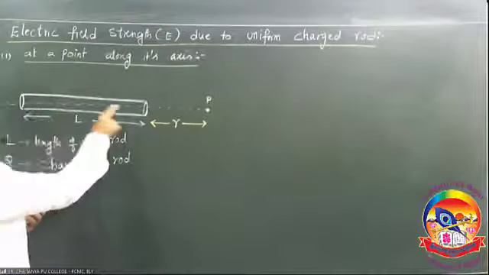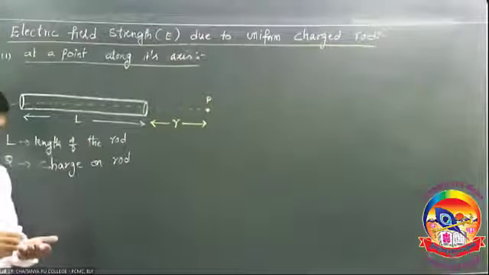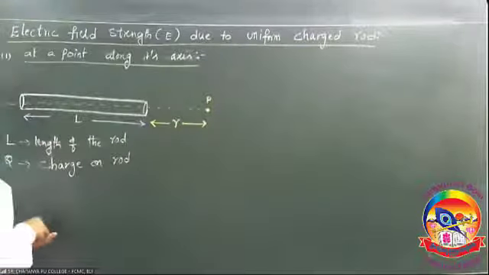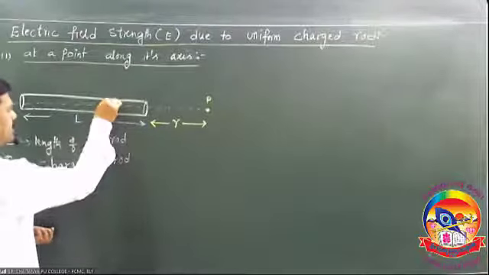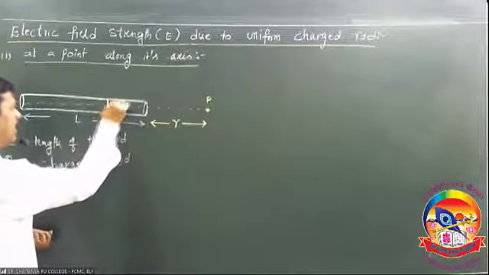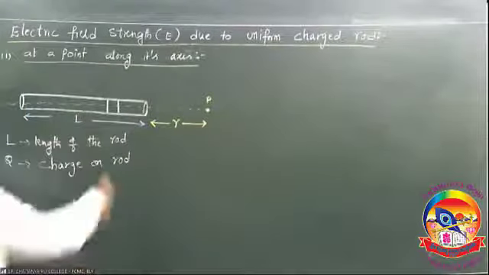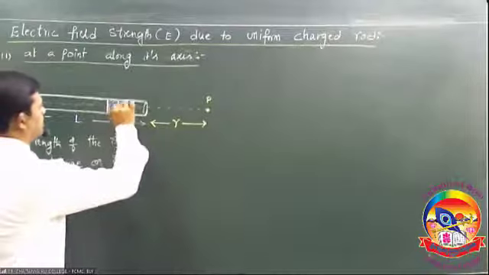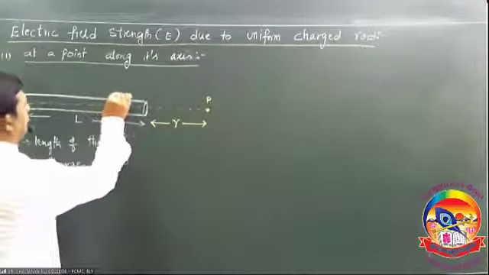Divide this charged rod into small elements. Let one such element you take. See here, I'm taking one such element, a small elemental part. This is a small elemental part I choose on the rod. Elemental part is just like a point charge of length dx.